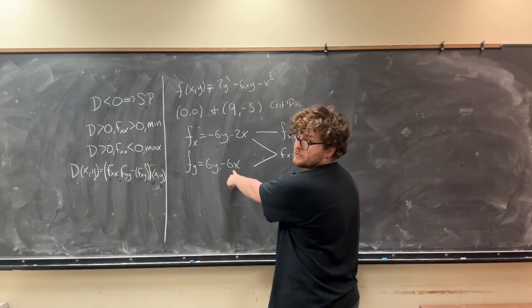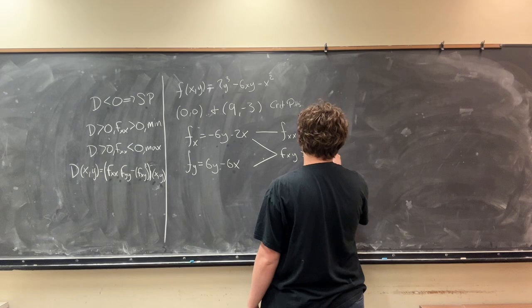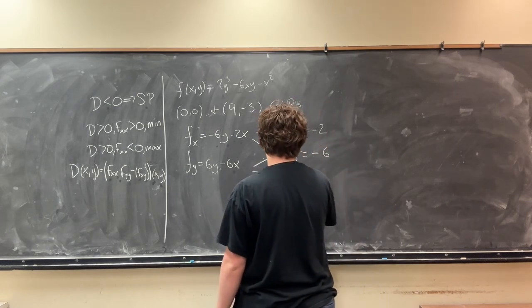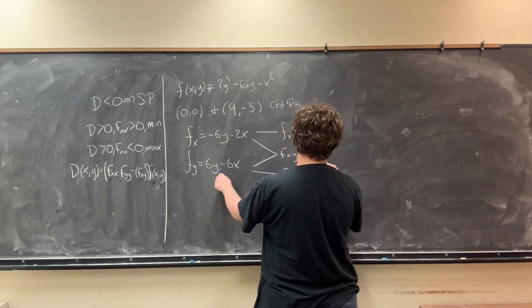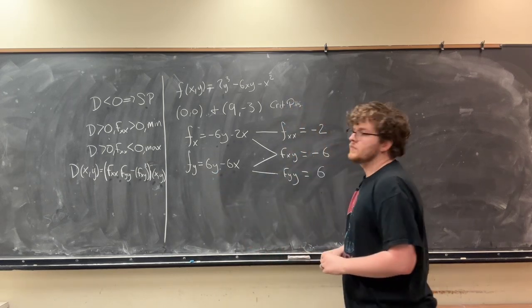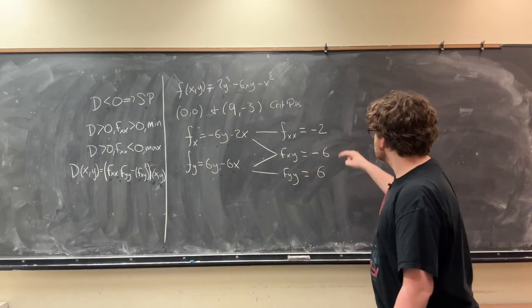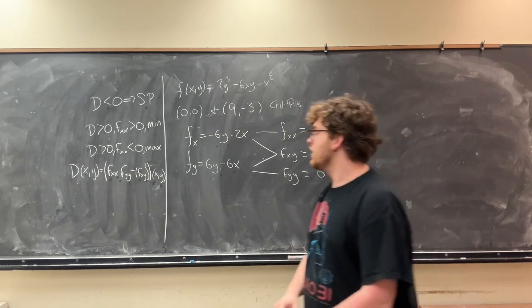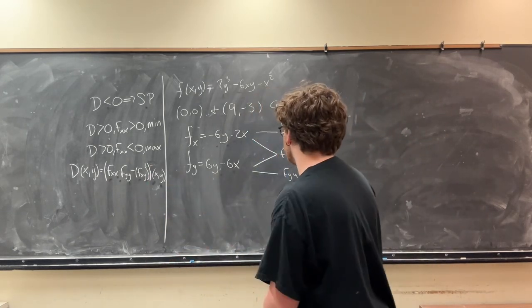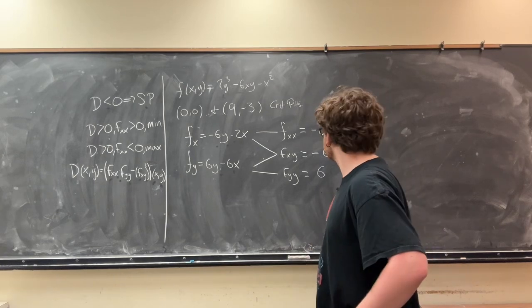The partial of this with respect to x is negative 6. And then the partial with respect to y twice, partial of this with respect to y is 6. So conveniently here, none of our second partials involve x or y. So we don't have to worry about evaluating there. We can just go straight into the problem.